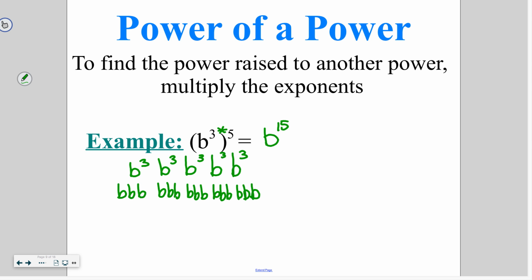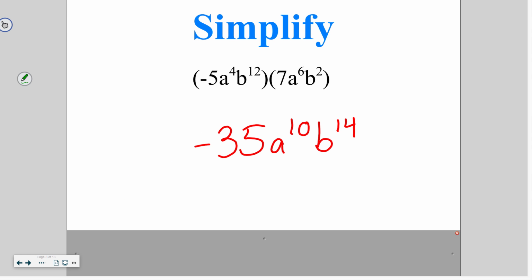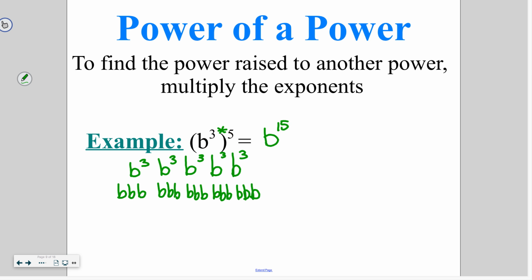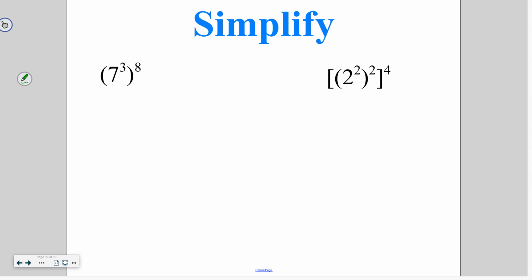So a couple of things to help keep this straight for you. If we look back at this example, a was listed twice, and that is when we added the exponent. Right here, our b is just listed once, but we have 2 separate exponents going with the b. That is when you're going to want to multiply.